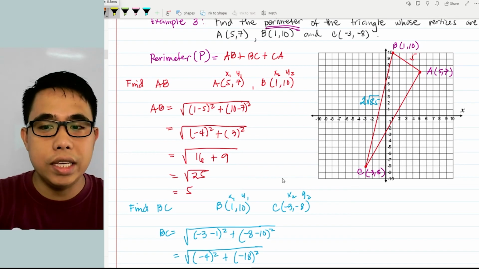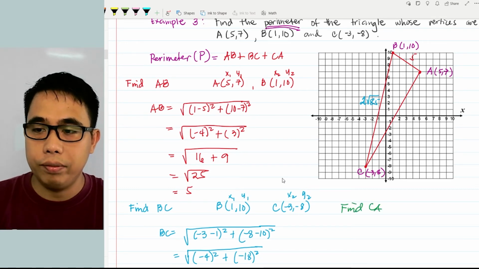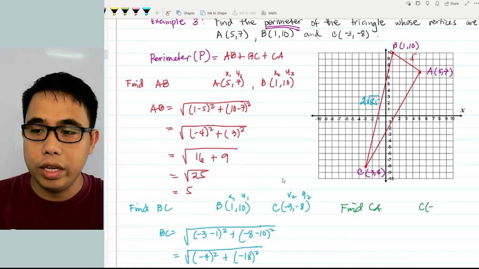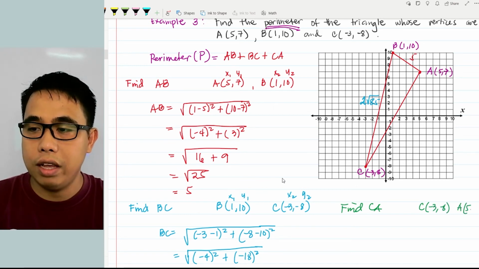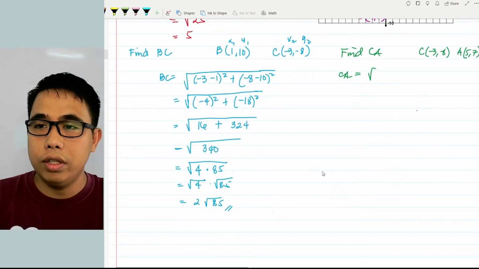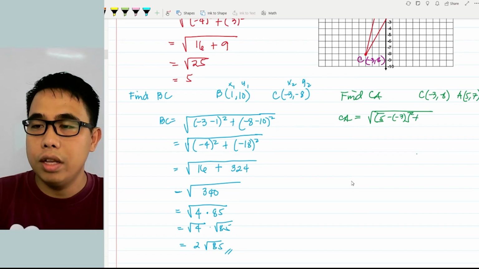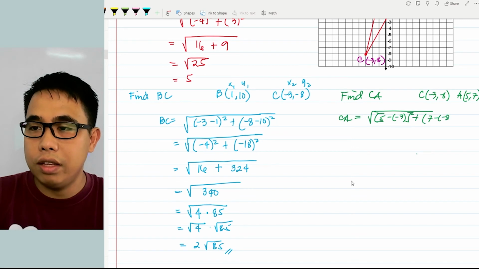Now let's proceed to CA. So let's find CA. Take note that C is (-3, -8) and A is (5, 7). So CA is equal to the square root of (5 minus -3) squared plus (7 minus -8), the quantity squared.